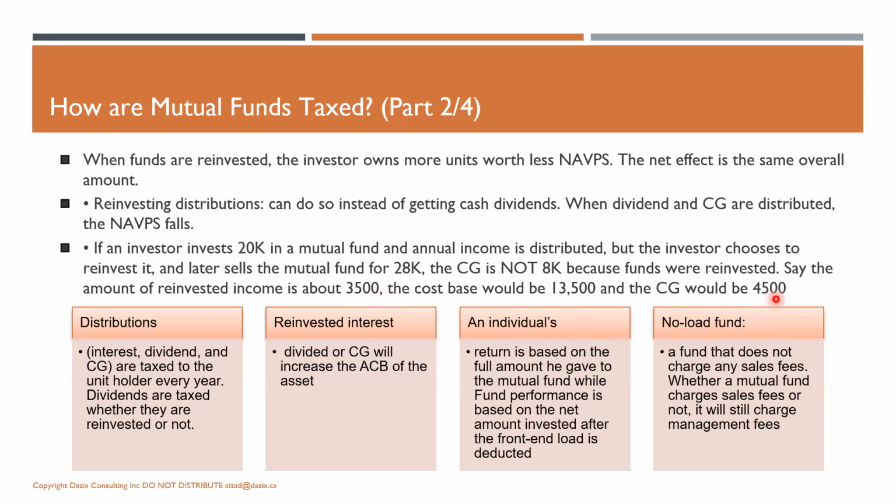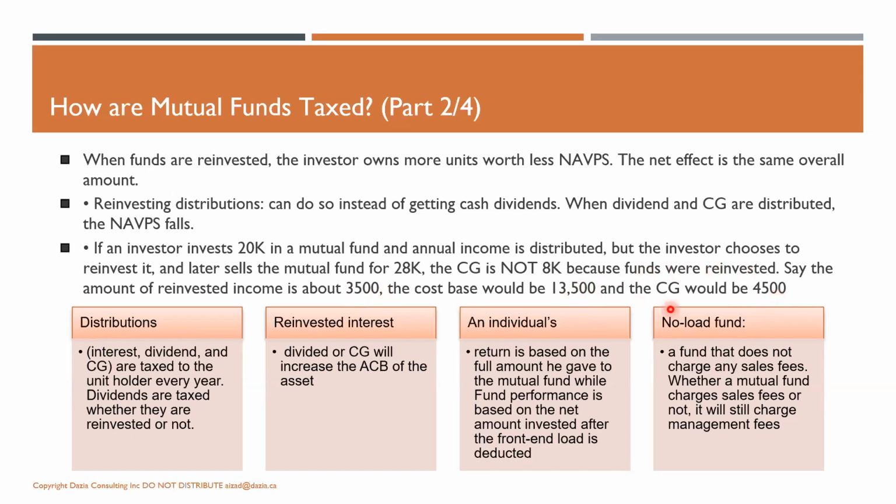Yeah. So 8,000 minus 3,500 will give you 4,500. Now the cost base is what is my cost for buying the mutual fund, right? So you bought it for 20,000, but you're not going to say that you bought it for 20,000.